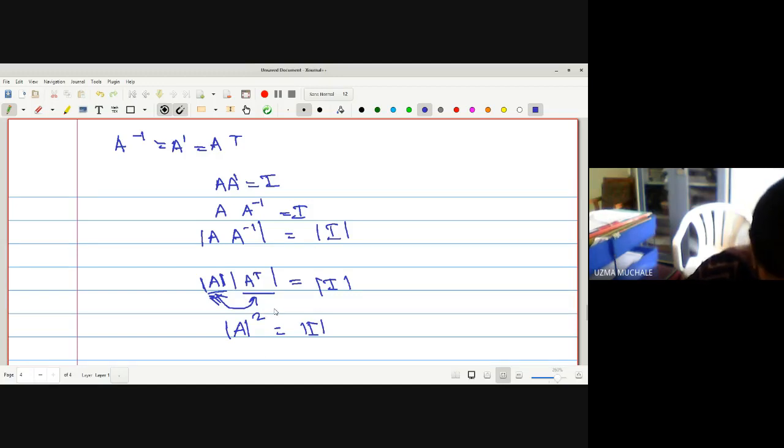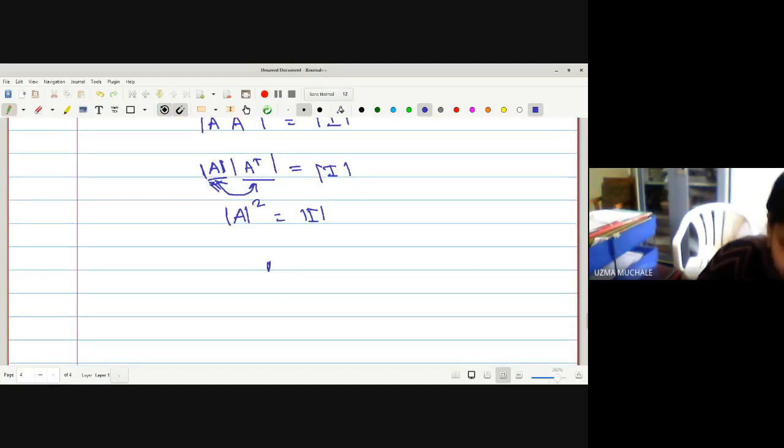On the next step, we can write it as determinant of A is equal to plus or minus 1, because we know what is the determinant of identity matrix. It is 1, and taking square root we can get determinant of A is either plus 1 or minus 1. So what is the determinant of orthogonal matrix? It is either 1 or minus 1. Okay.